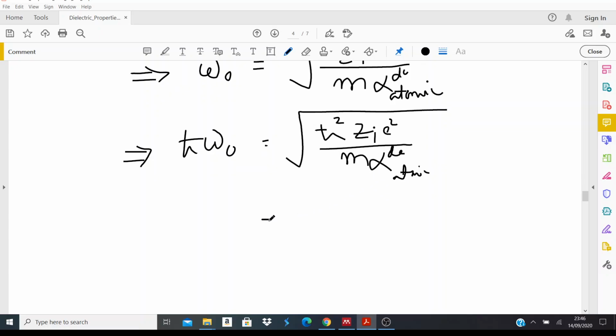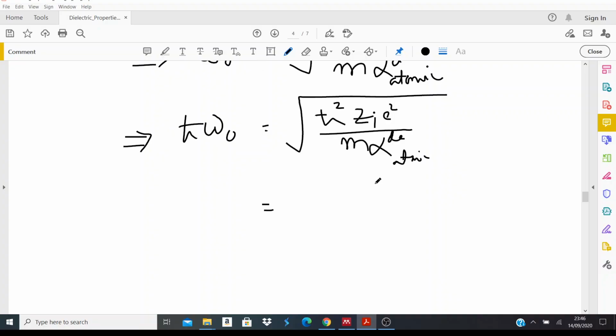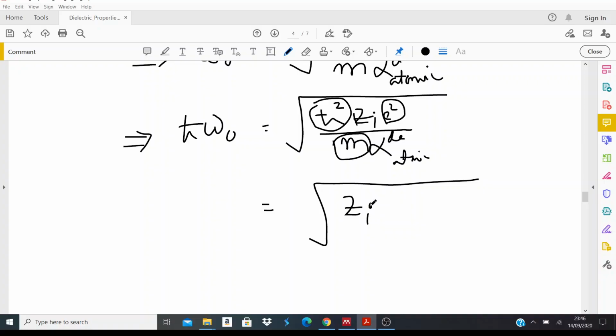And this expression can be converted into a more suitable expression where you can write this energy as, because these are all constants, the ħ², the m's, the Z_i depends on the atom, but e² is constant. So from ħ², e², and m, you can find out the value from their known values.